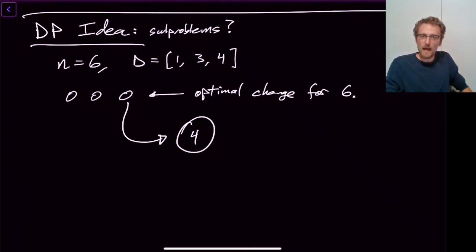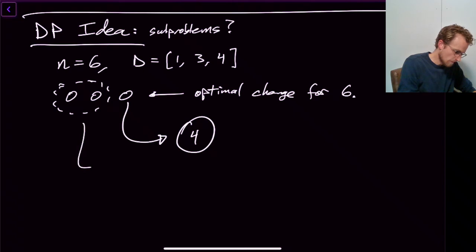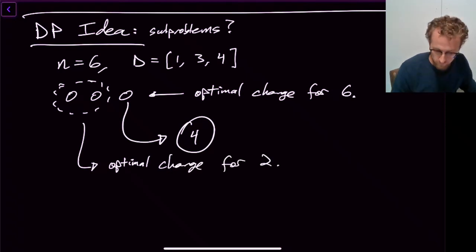And it has to be optimal change for whatever I started with minus 4, minus the coin that I just removed. So if I pick up a coin from optimal change for 6 and the coin says 4, then what is remaining must be optimal change for 2.